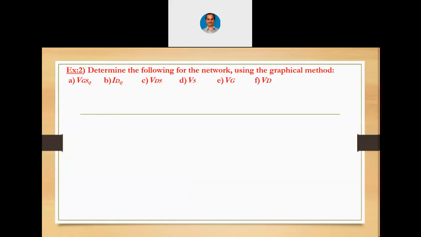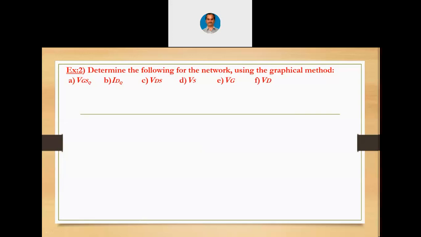Now let us have a solution for this particular exercise. Determine the following for the network using the graphical method. We will not go for the mathematical method because we have to solve that quadratic equation. We are not interested that way because anyhow the error is going to be hardly a few millivolts. It does not matter much for us.